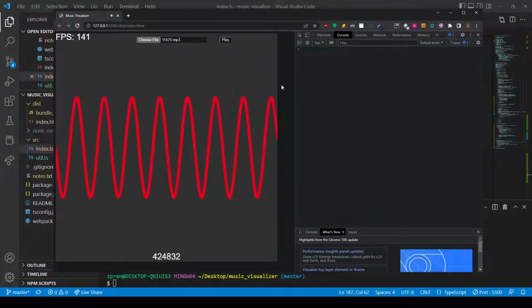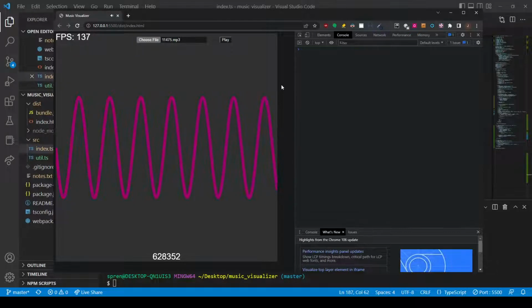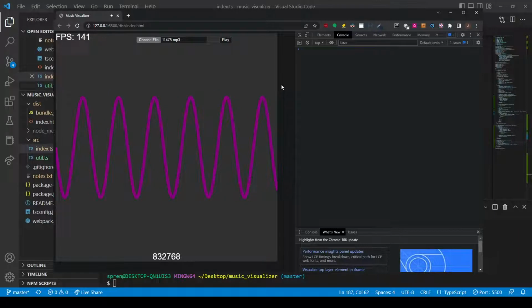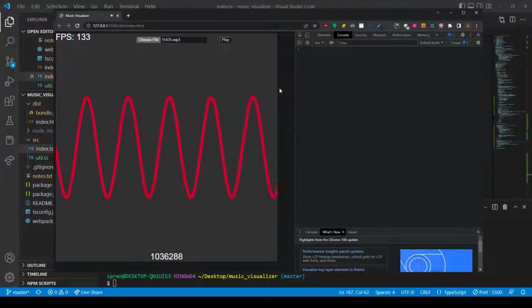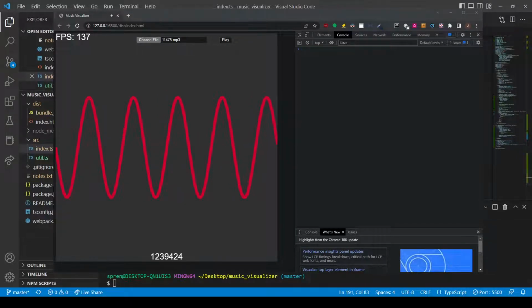Yeah, look at that. It should be changing color. It is cycling through a bunch of different colors, which is actually not what you want. If you can believe it.